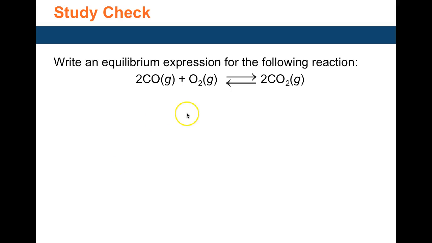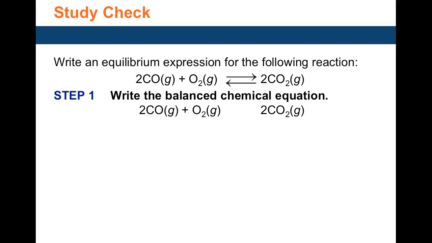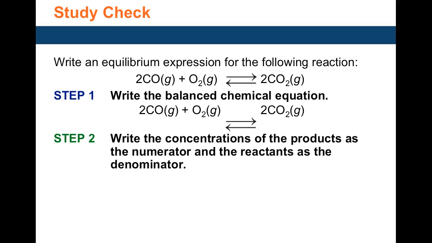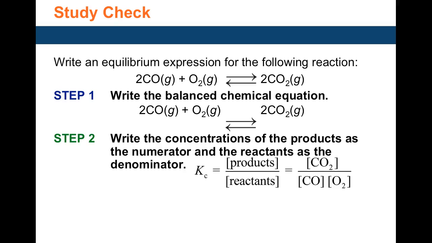Right, so it says write the equilibrium expression for the following reaction. So remember, it's products raised to the coefficient divided by the reactants raised to their coefficient. So first make sure that the reaction is balanced, and then remember this method of products going up on the numerator and reactants on the denominator, all right?